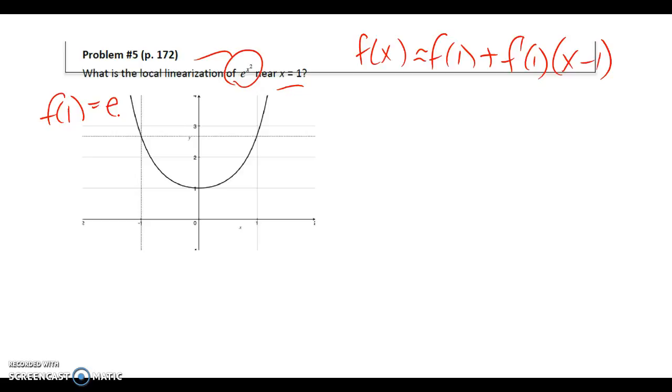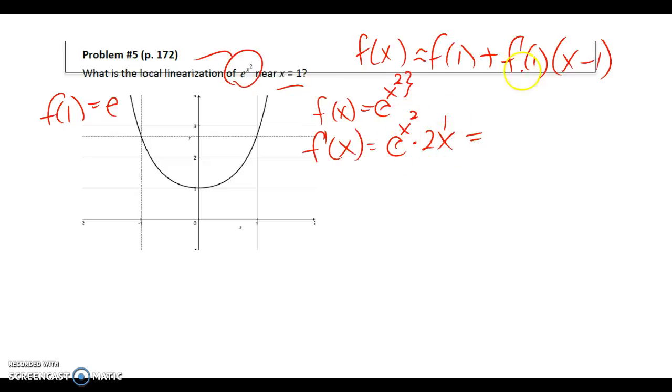Now if f of x equals e to the x squared, we're going to do the chain rule. So f prime of x is e to the x squared, and then the derivative of the inside, which is 2x, right? If we put 1 in here, it's going to be 2e.